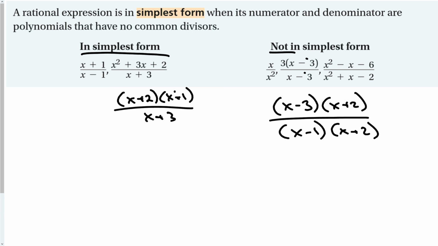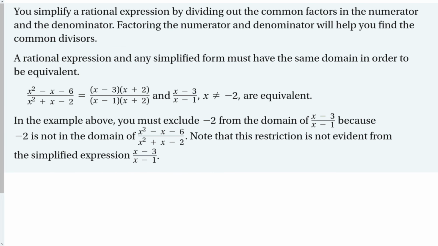There we go. You can see now that these two do have a common factor and can simplify. So that's what we're going to start with to put a rational expression into its simplest form.